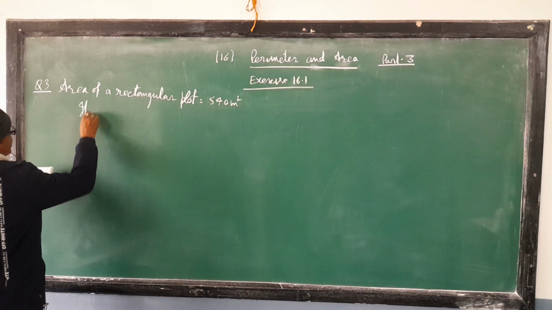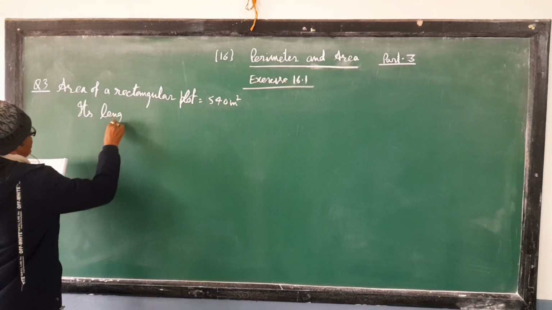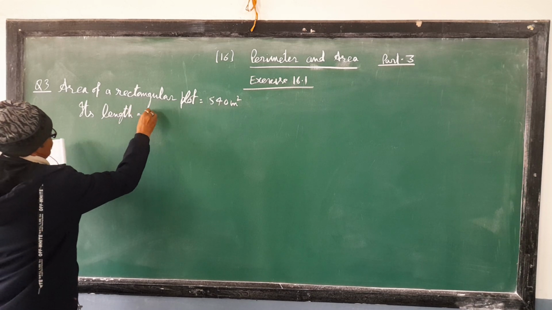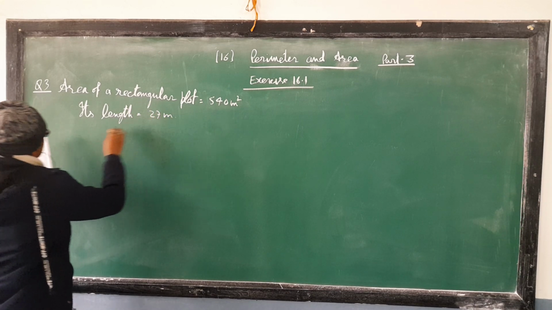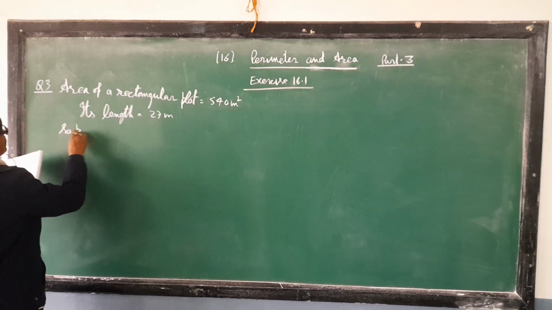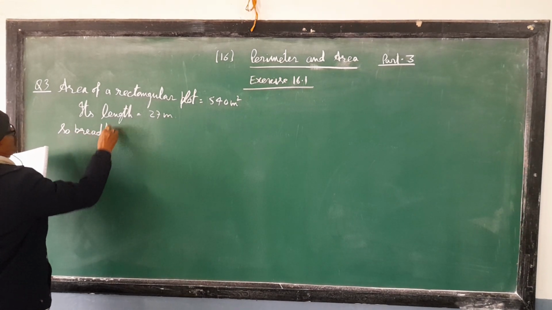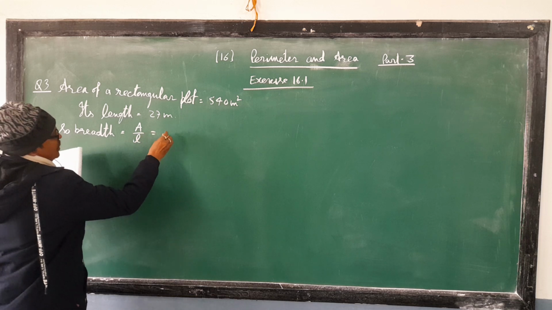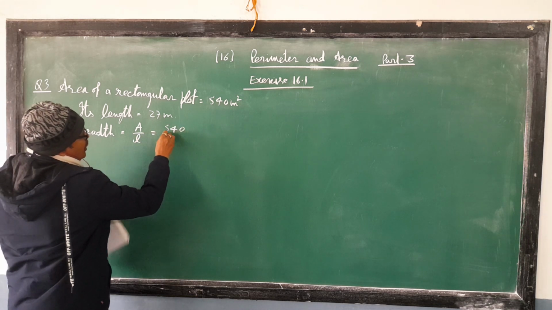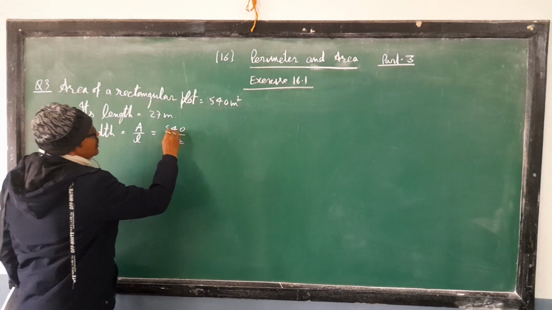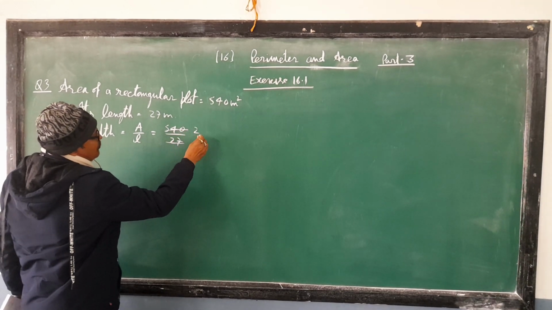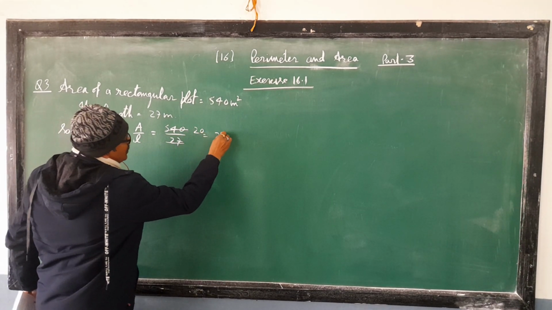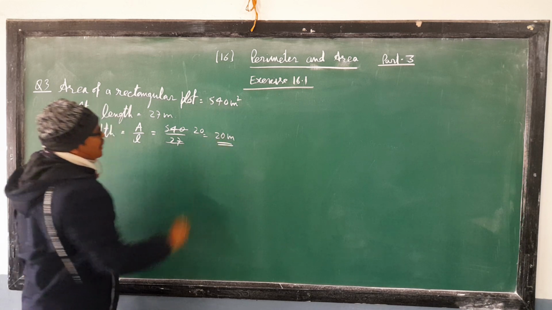Its length is equal to 27 meter. So breadth is equal to area upon length, 540 upon 27. 27 twos are 54, so 20 meter. So we got its breadth, 20 meter.